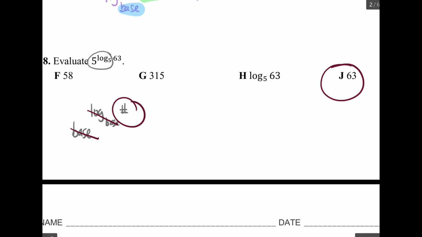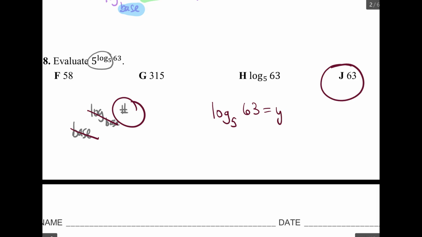Wait, why? Is this the lesson I missed? No, actually, this is section 2. Wouldn't you put this 63 to the fifth power? It's not 63 to the 5th power. Let's evaluate log base 5 of 63.